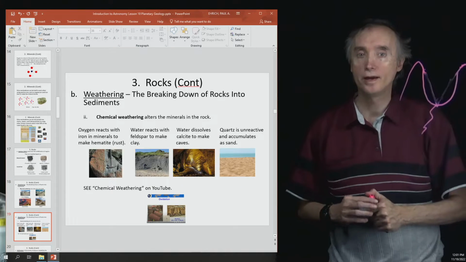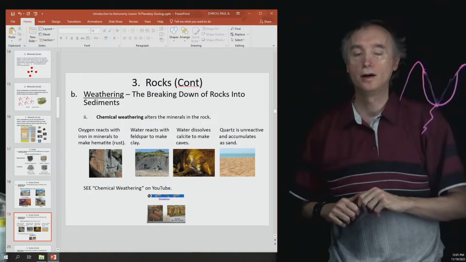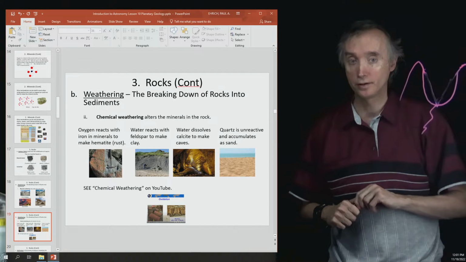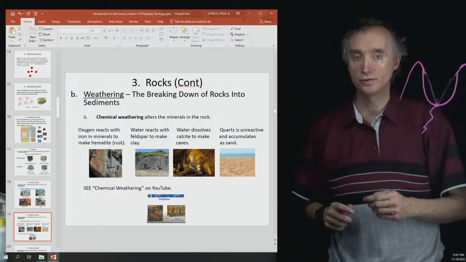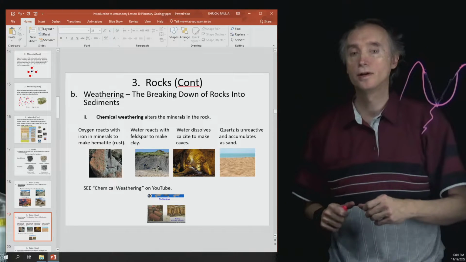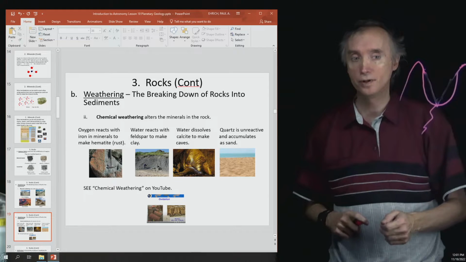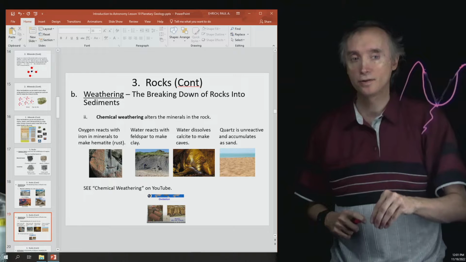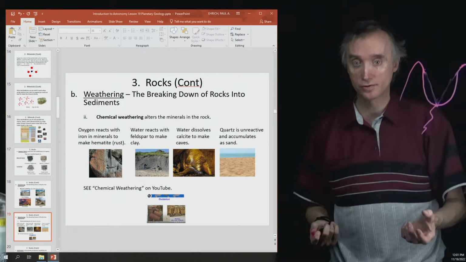Okay, another way of weathering a rock is through chemical weathering. In chemical weathering, we are going to change the composition of the rock. We're going to alter the minerals that are inside the rock, and we're going to turn it into something else.